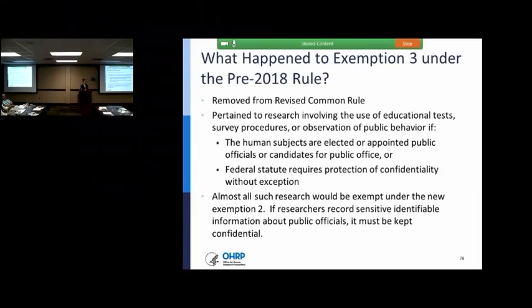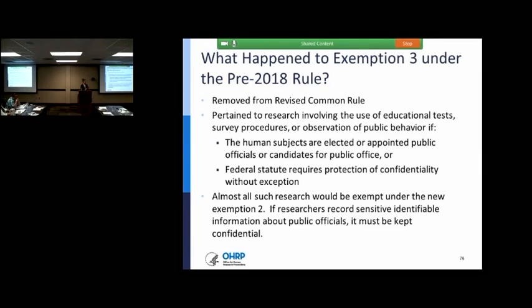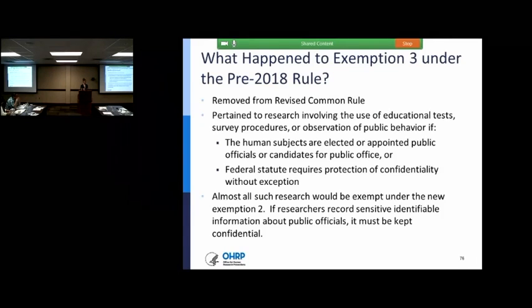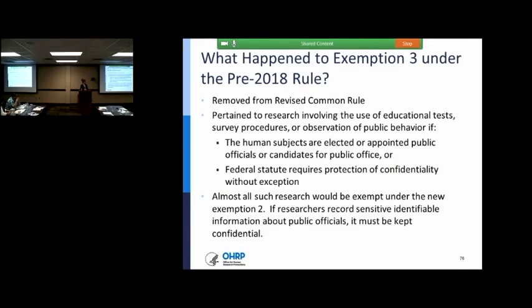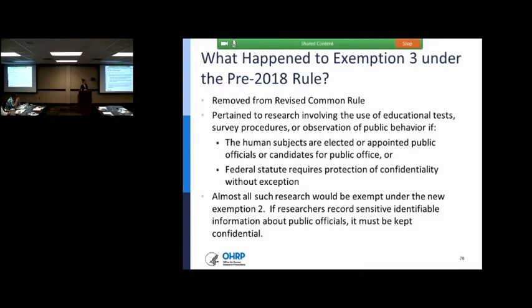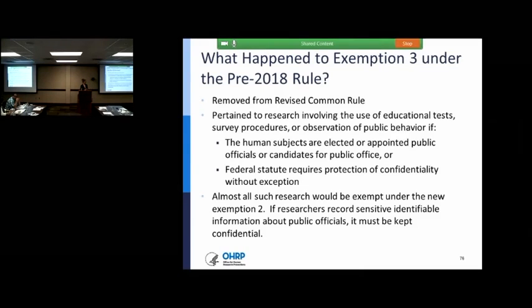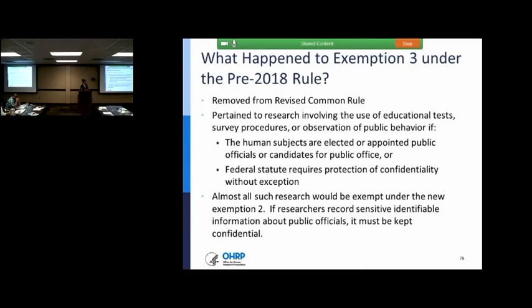So if you're doing journalism, some kind of public accountability of officials, then it just wouldn't be considered research, right? Because you're discussing this specific person and their public record. And as far as the protections for confidentiality, that would fall under the requirements for the limited IRB review requirements for privacy and confidentiality concerns.